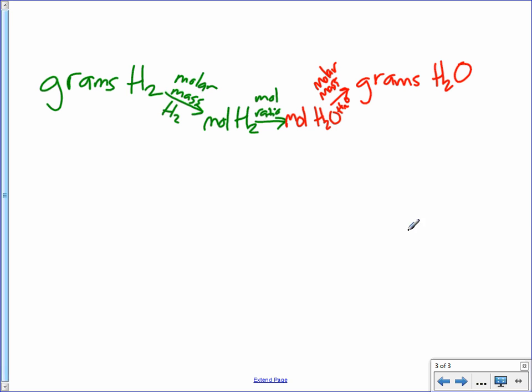All right? Now, I'm going to go ahead and show you this, even though you won't need it for tests in my class. But it works the same way for any other unit. I just showed you with grams, but you can do it with molecules too. All right, molecules of hydrogen, and you want to know if you've got so many billions of hydrogen molecules, be a lot more than billions, how many water molecules would be produced by the reaction?